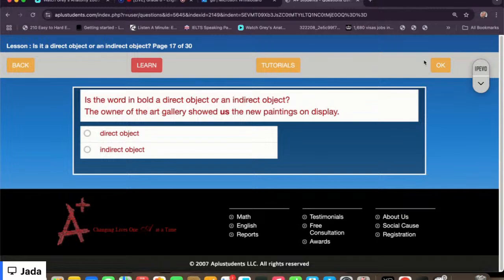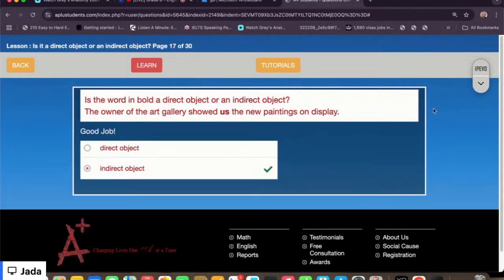All right, so we have the owner of the art gallery showed us the new paintings on display. So we have indirect objects.